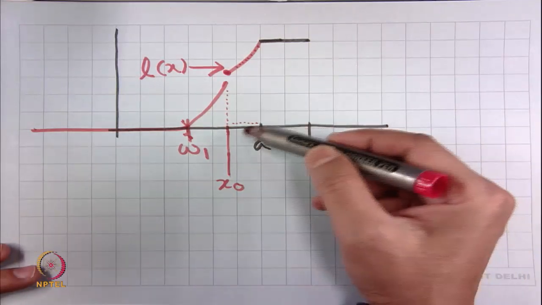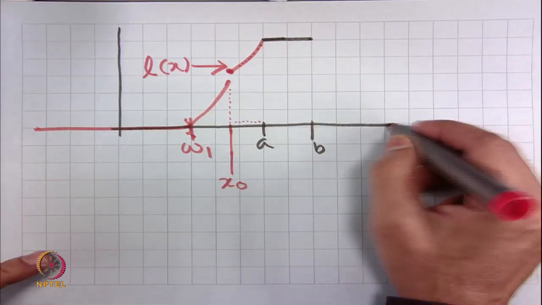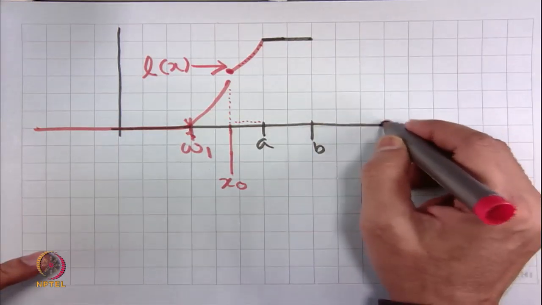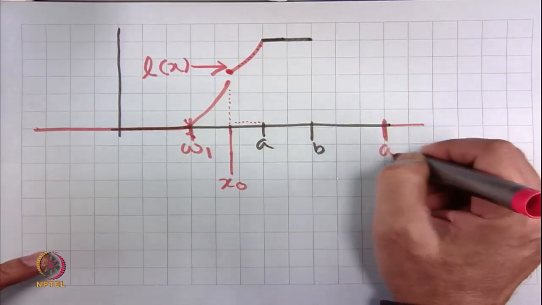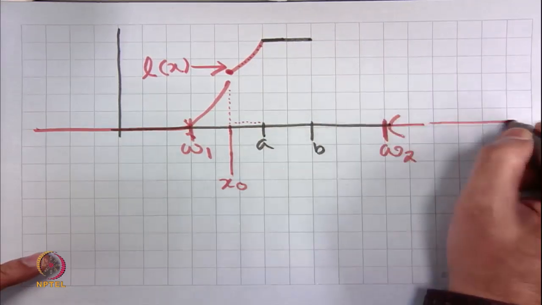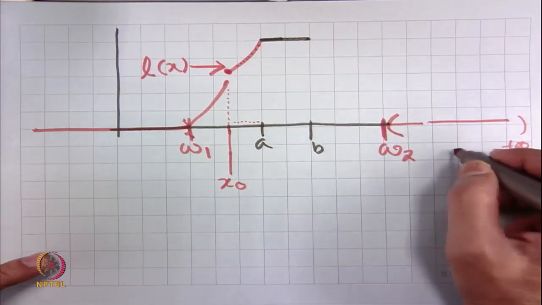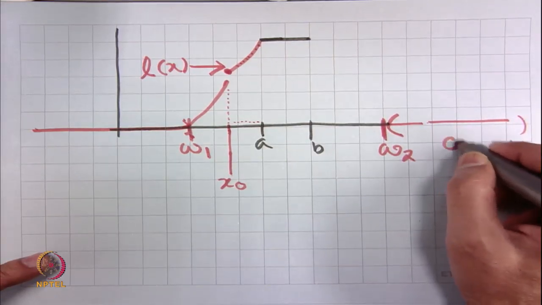In a similar way, we can characterize the function R x. So, there will be a value W2 such that in this interval W2 to plus infinity, the value of the function is 0.